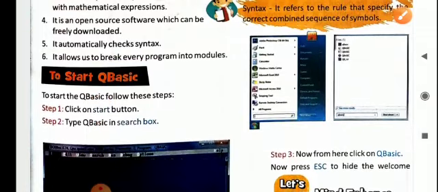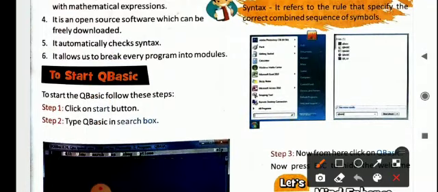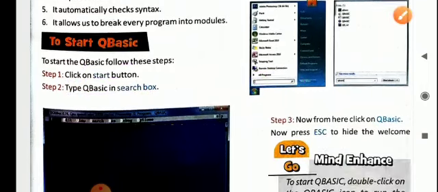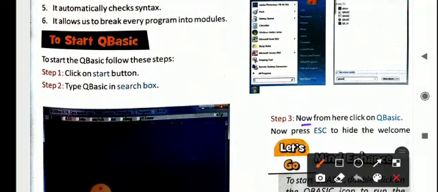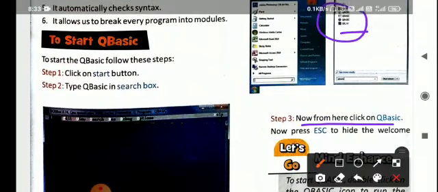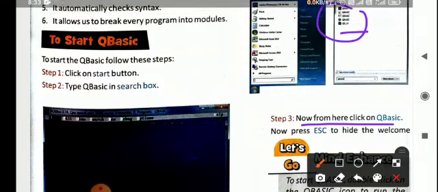Okay. Now to start QBasic, once you have installed it, you have to click on the start button, then type QBasic in the search box, here this box. Okay. After this, from here click on QBasic. See here you will get QBasic. You have to click on it.